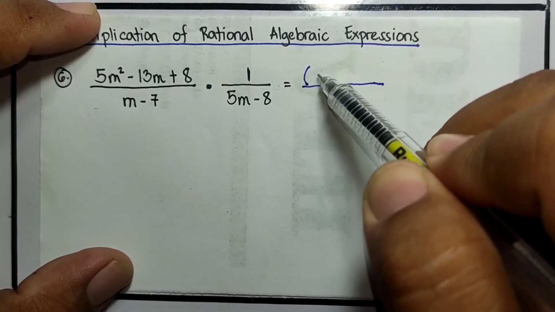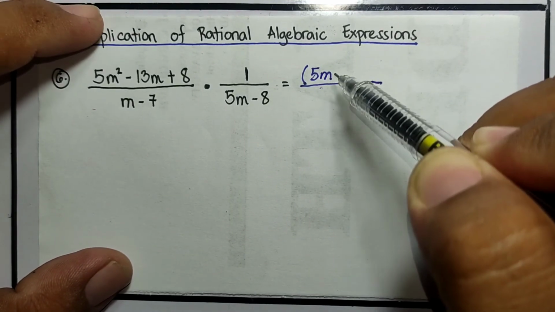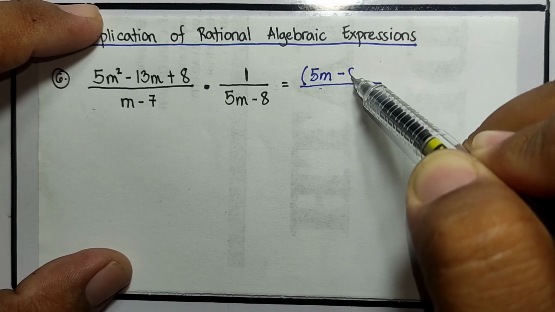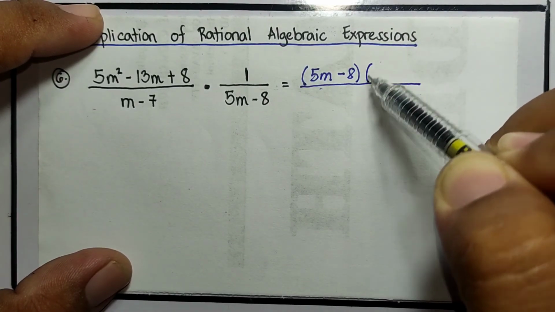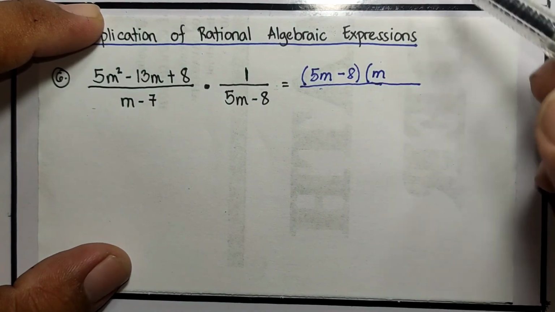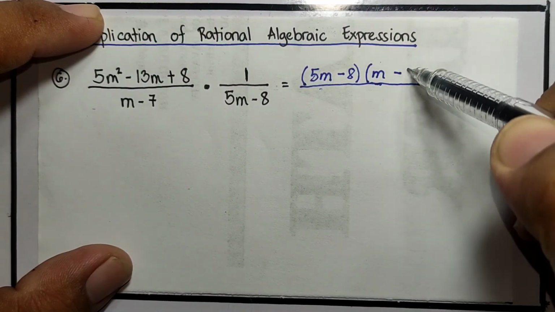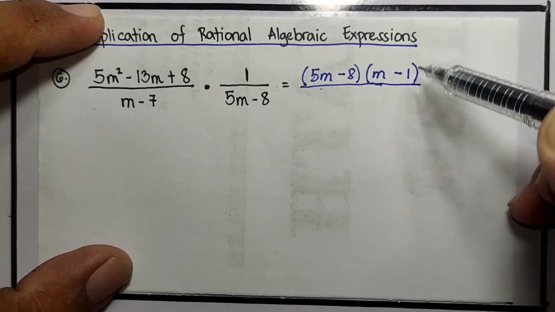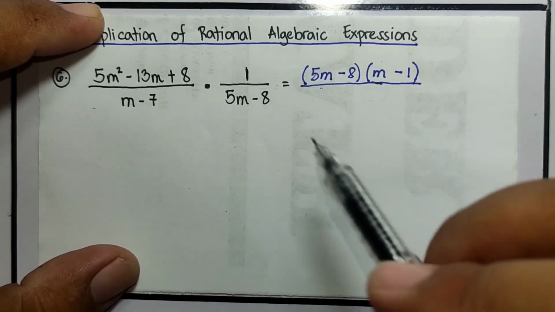Factor natin: 5m minus 8 times m minus 1. Yan ang factor ng 5m squared minus 13m plus 8.